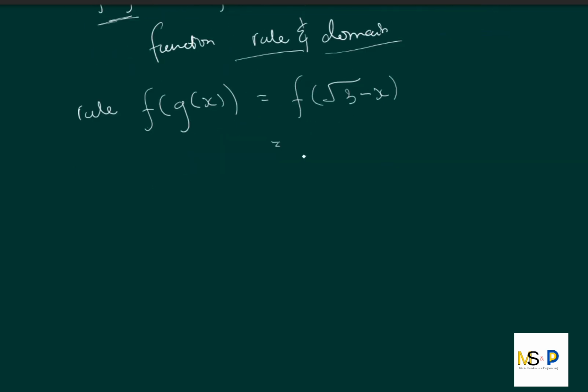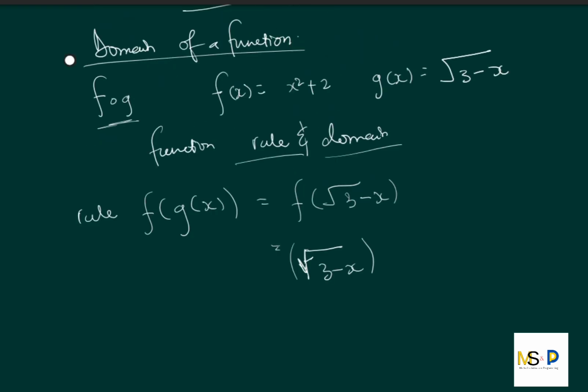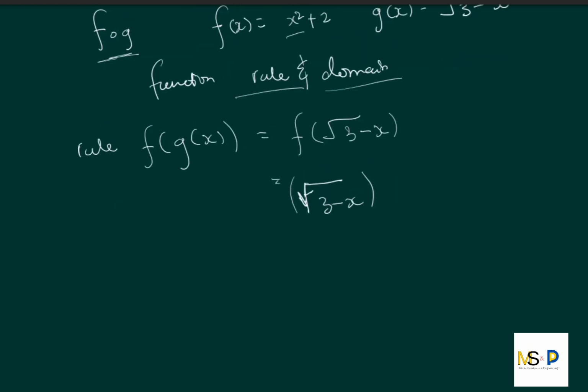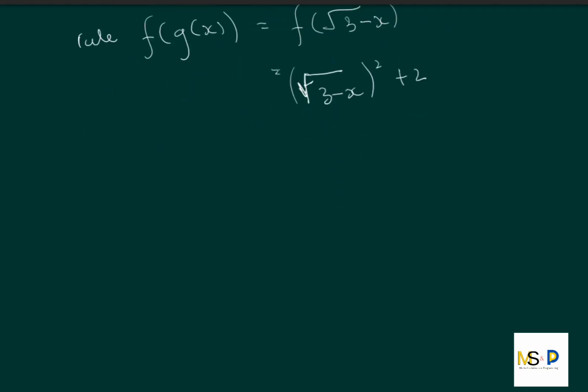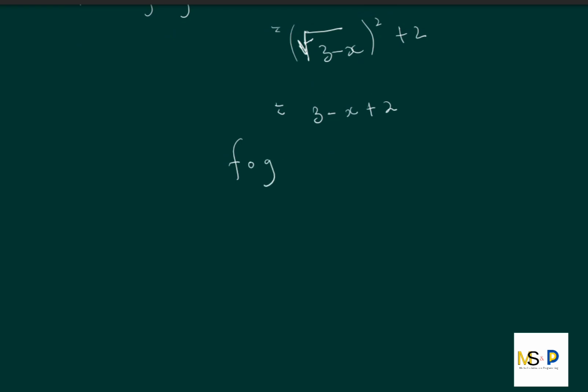Because you're substituting for the x, this whole thing, the square root of 3 minus x, squared, plus 2, and you're going to have this being 3 minus x plus 2. This is a very interesting thing. So the rule of this function becomes 3 plus 2, which is 5 minus x.